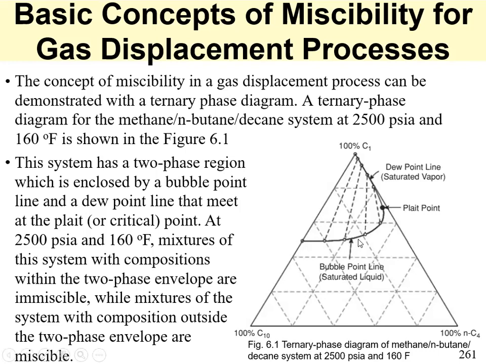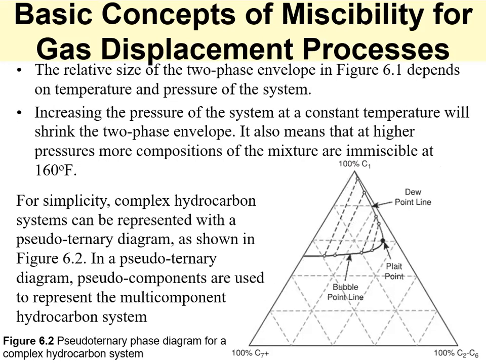This is the bubble point line. This is the plait point, it's actually the critical point. And then this is the dew point line. Within this envelope, where you have these tie lines, is the region of immiscibility. But everything outside the envelope, the compositions are miscible.